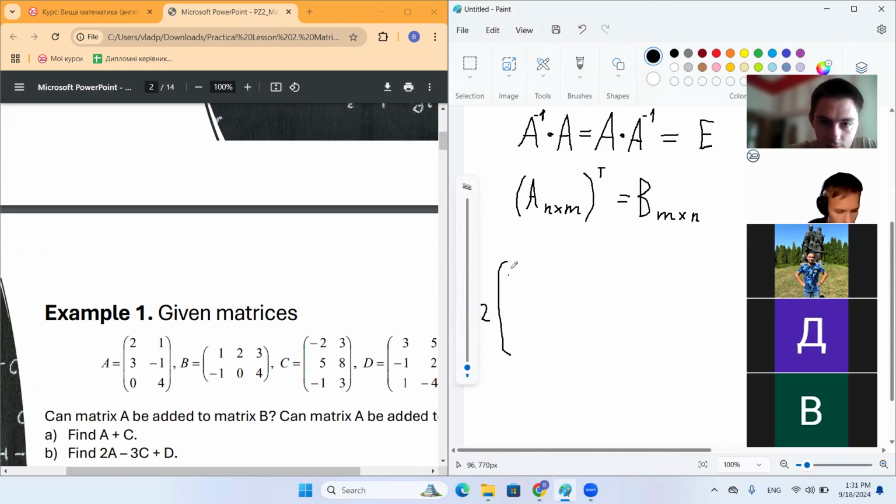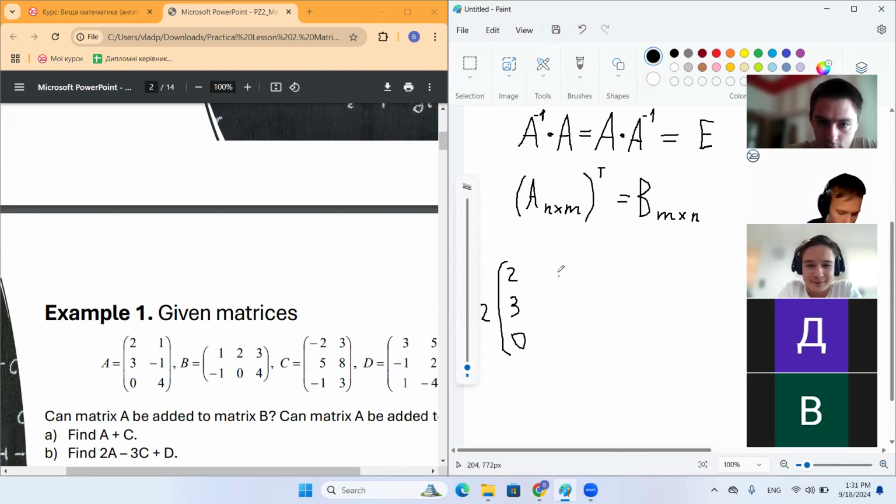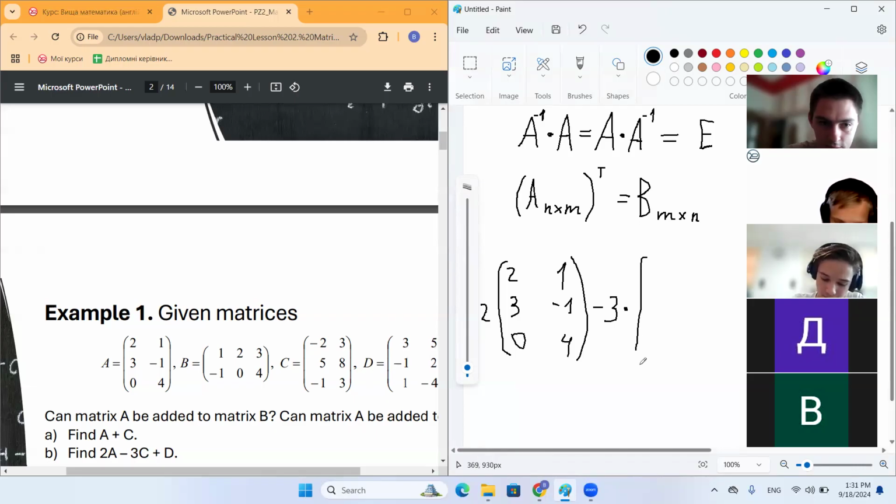So let's calculate part B. We will write in details.